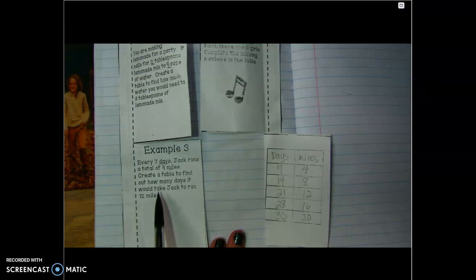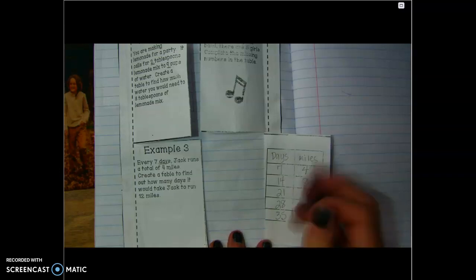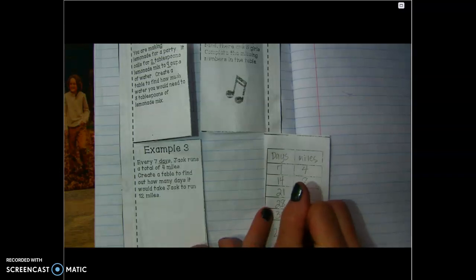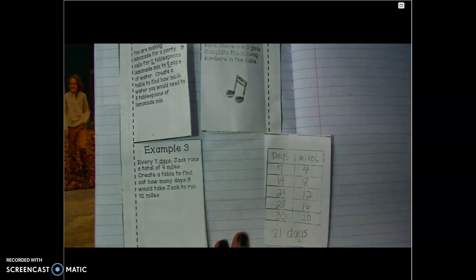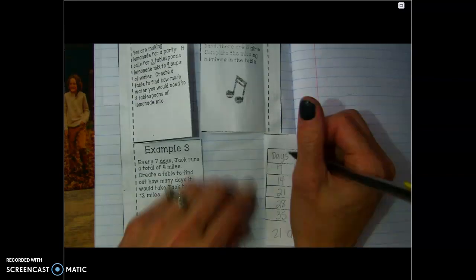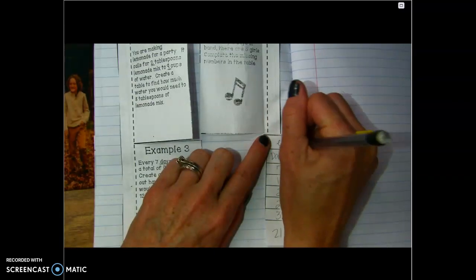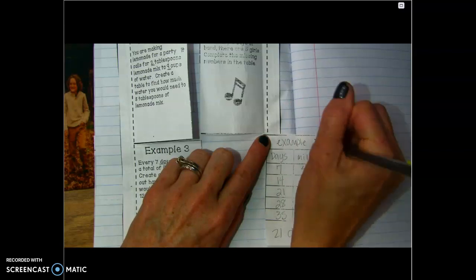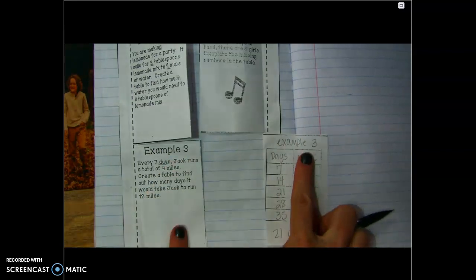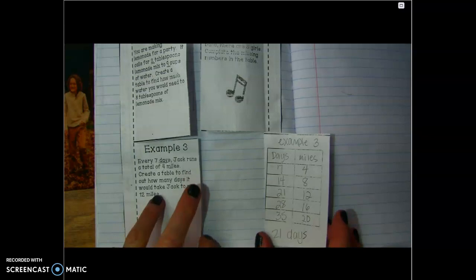Now it's asking us, how many days would it take Jack to run 12 miles? So 12 miles, how many days? 21 days. And I'm going to label this example 3 since it got copied wrong.